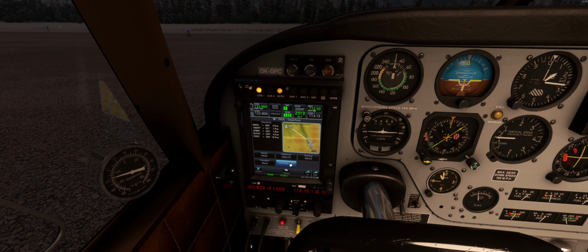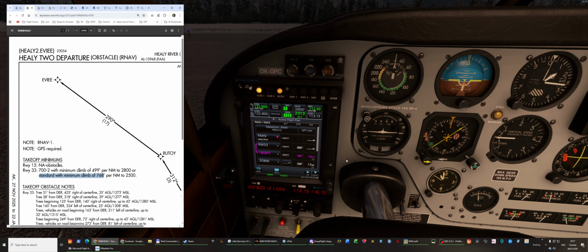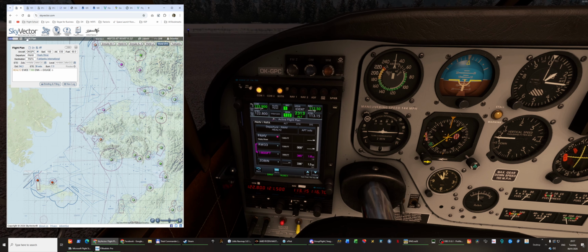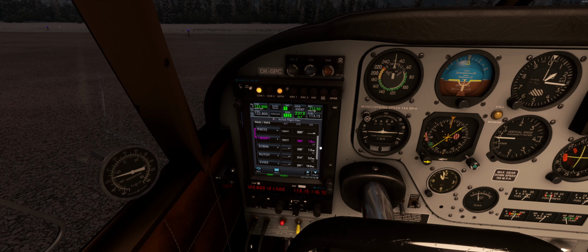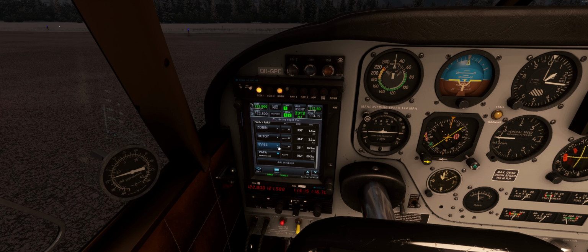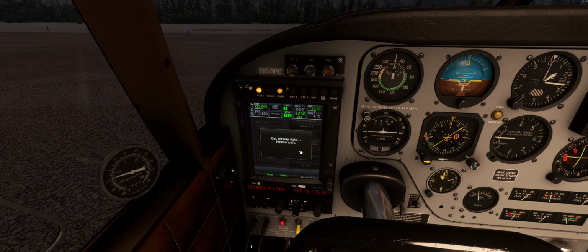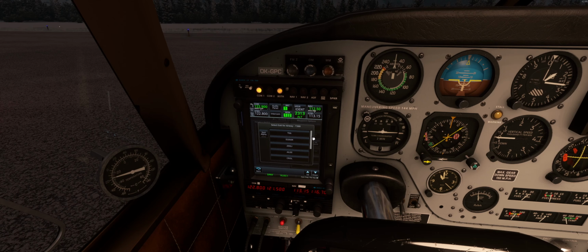We will load that in. And then we have EV there, and then we are going Tango 399er. Load array, yes, 399er. And we are going to fly that one all the way to Echo November.